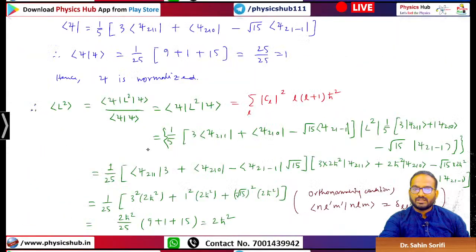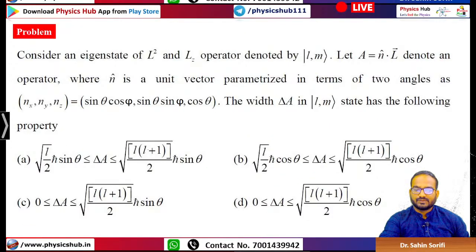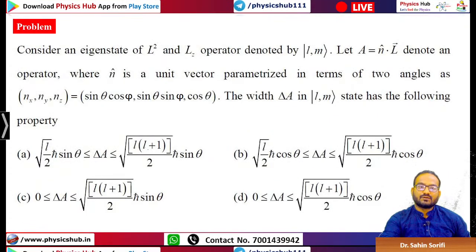Let us now do one last problem today. This one. Consider an eigenstate of L² and Lz operator denoted by |l,m⟩. Let A = n̂·L denote an operator where n̂ is a unit vector parameterized in terms of 2 angles as nx, ny, nz. The width ΔA in |l,m⟩ state has the following property.